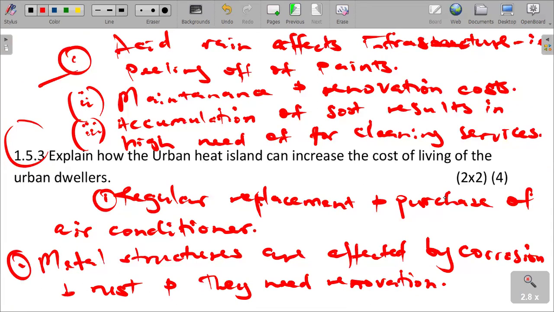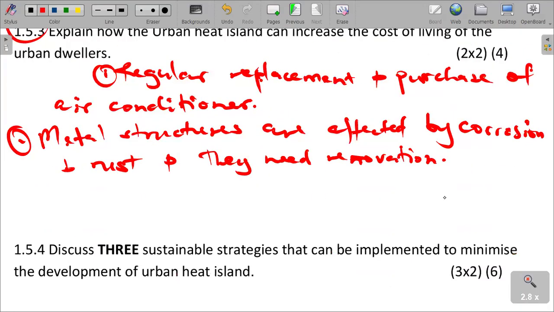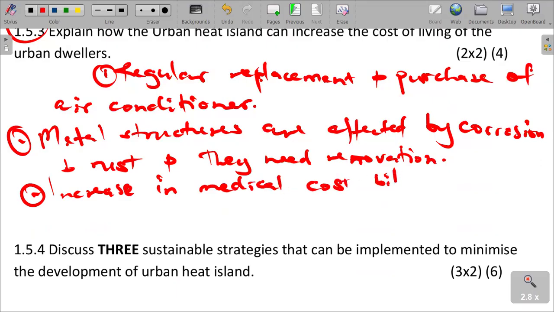We can even talk about the effect of medical cost increase in medical bills.